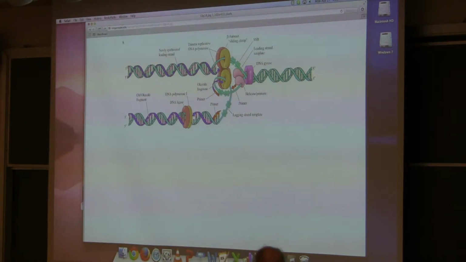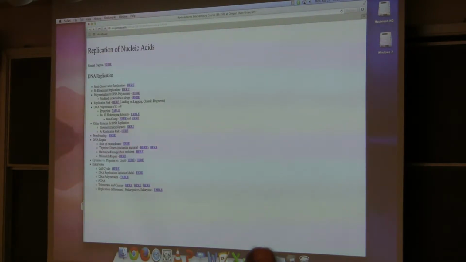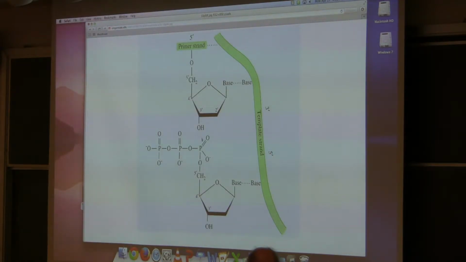When I talked about this polymerization right here, it goes from 5' to 3' because each time I'm adding a new 3' base. DNA replication only occurs in that direction.